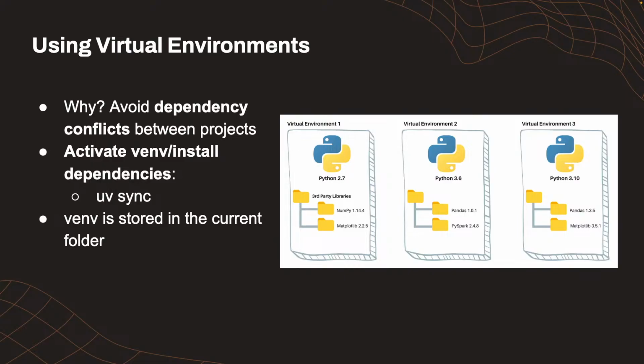You either don't want to spend time fixing it, or there's some feature that doesn't exist anymore in the new version. That's why we have virtual environments, so you can have different Python versions as well as dependencies and package versions for each project.